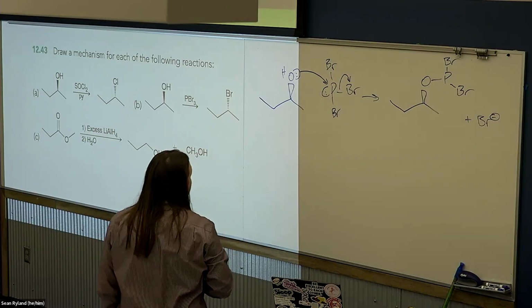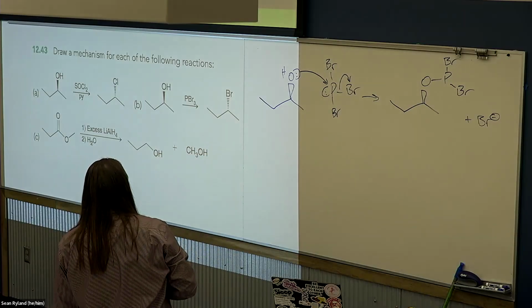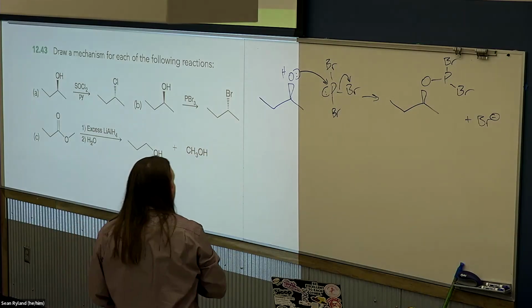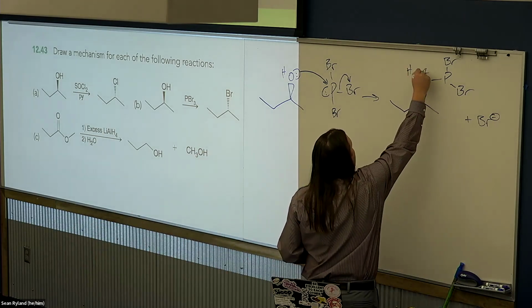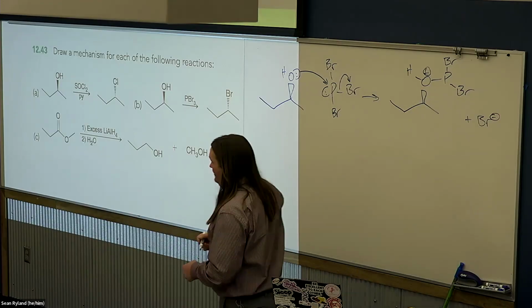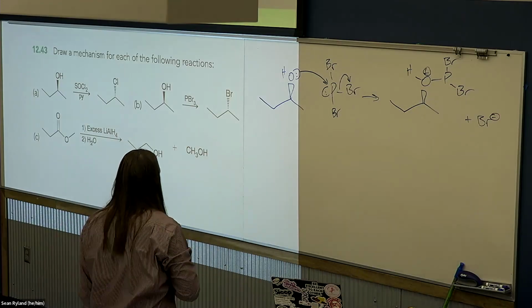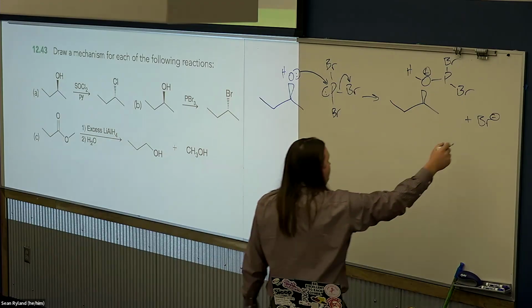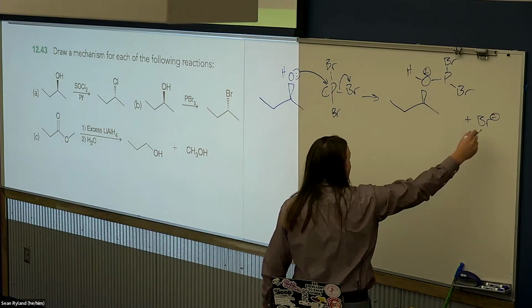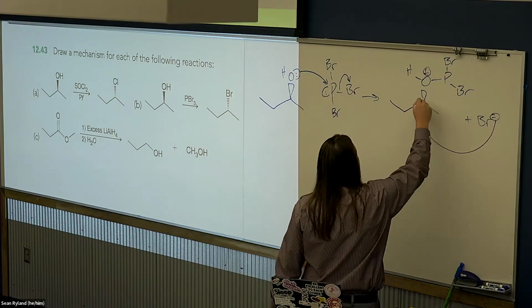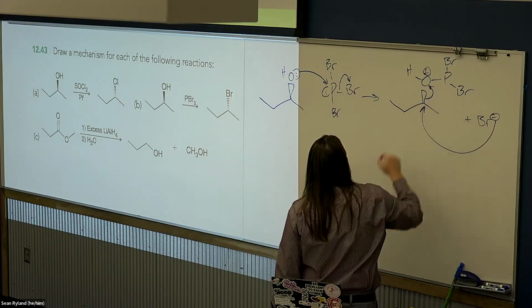Okay. Oxygen attacks phosphorus. Suppose I did leave a hydrogen off there. That's our good leaving group right there. We're done. So then it's just the bromine comes around, does the backside attack.